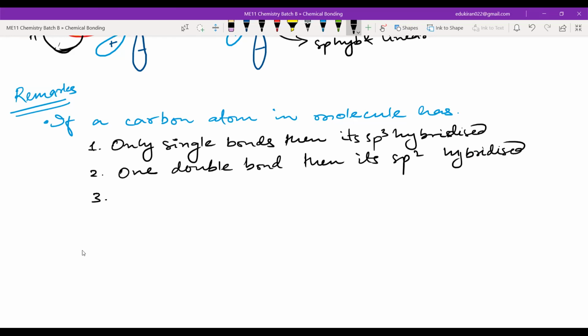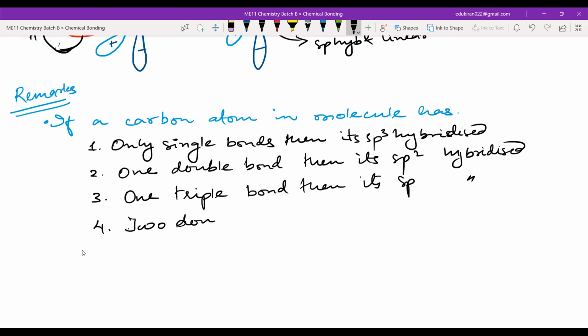Third, if there is one triple bond, then it's sp hybridized. And similarly, if you will have two double bonds, then it's sp hybridized. Okay.